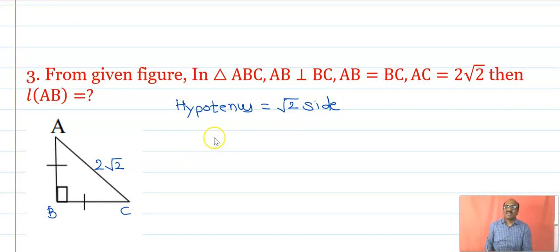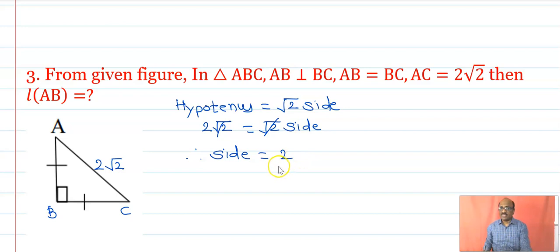And then we can substitute the values here. Hypotenuse 2 root 2 is equal to root 2 into side, and therefore this root 2 gets cancelled, and hence the side is equal to 2.